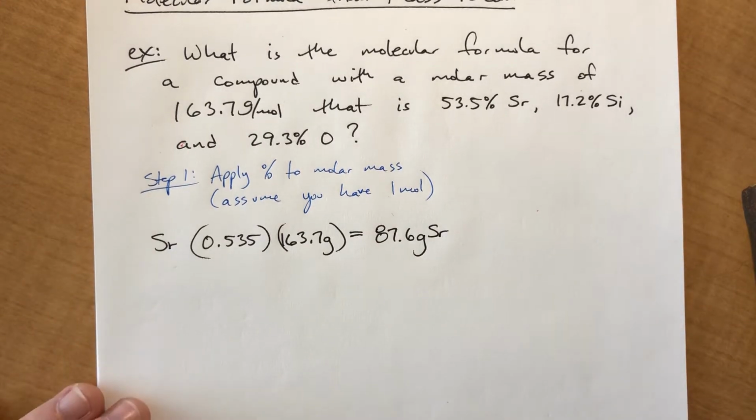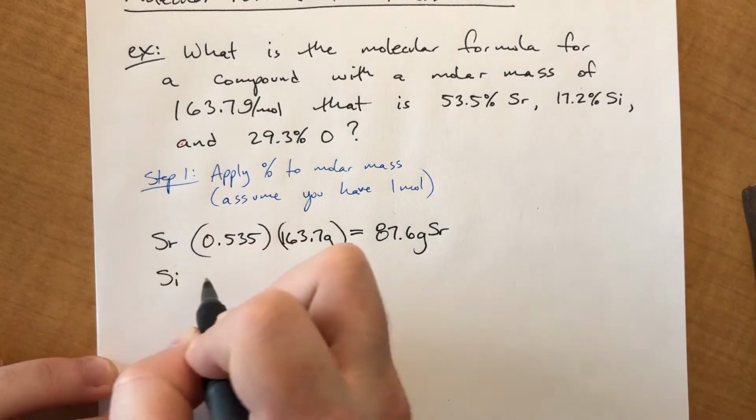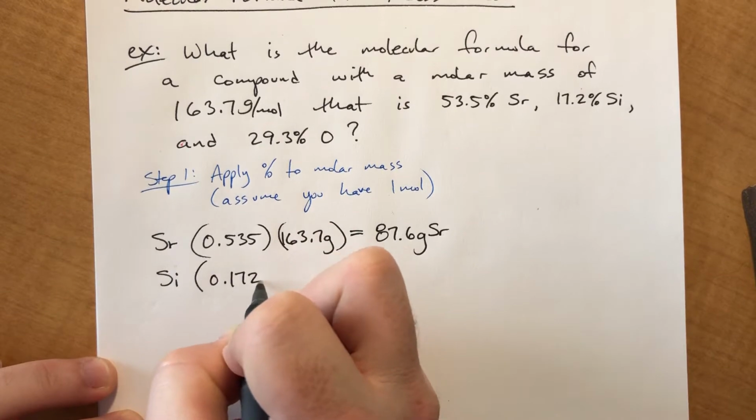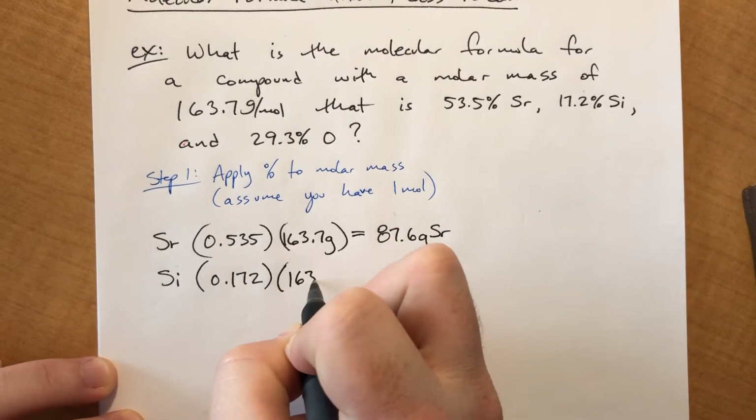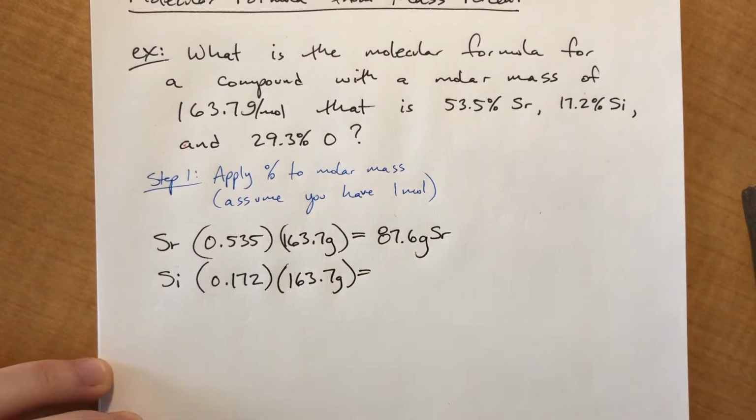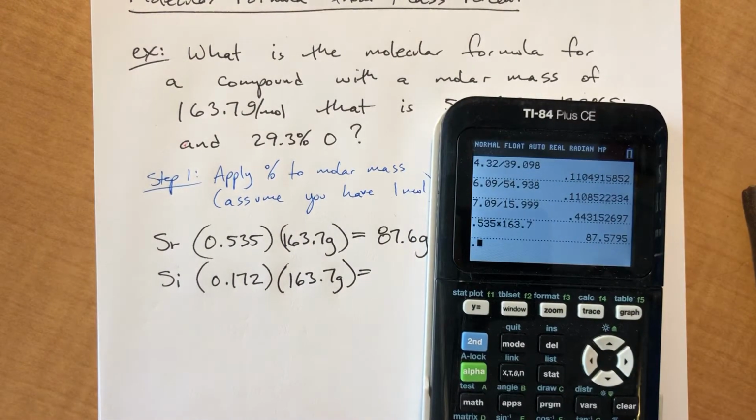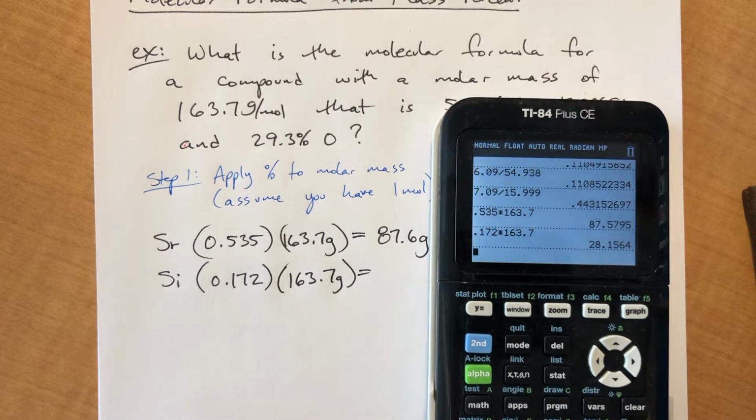Okay. Then we're going to do the same thing for silicon, which is 0.172 times 163.7 grams. I got 28.2.